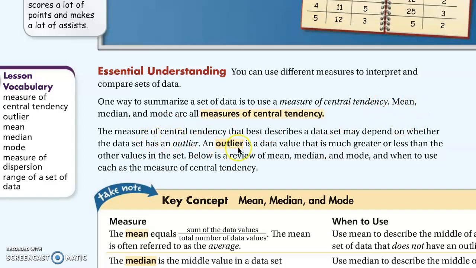Now, the measure of central tendency that best describes a data set may depend on whether the data set has an outlier. An outlier is a data value that is much bigger or much smaller than the rest of the numbers. It doesn't really fit in. And when it comes to data collection, oftentimes there are outliers where most of the data points all fit together and make sense.